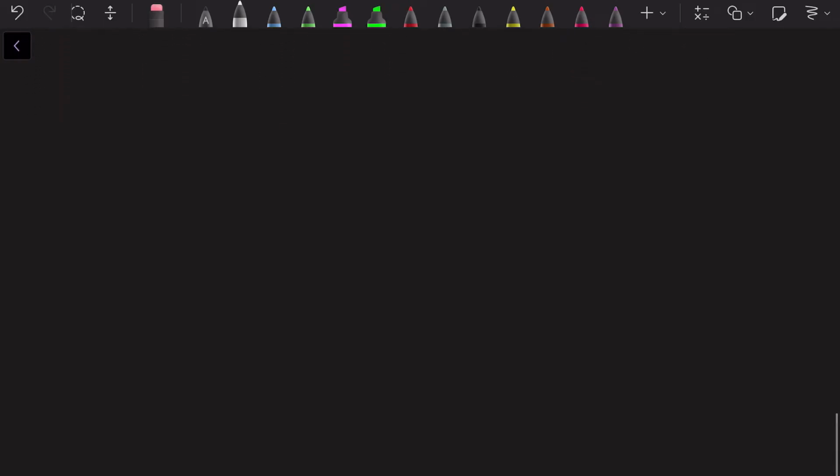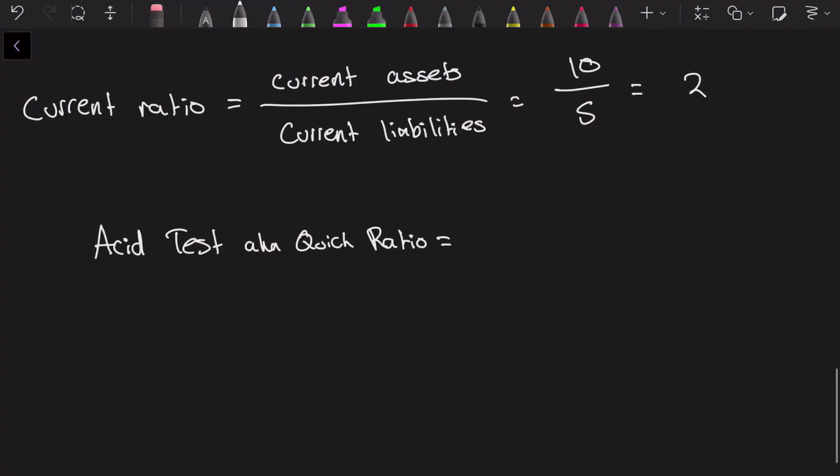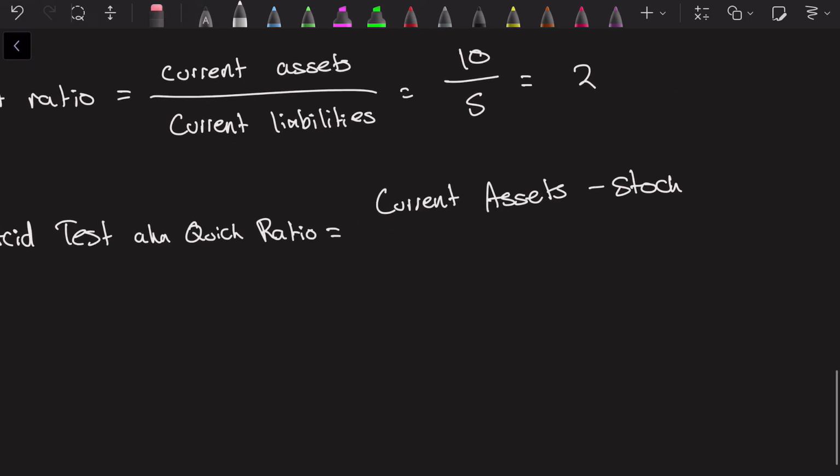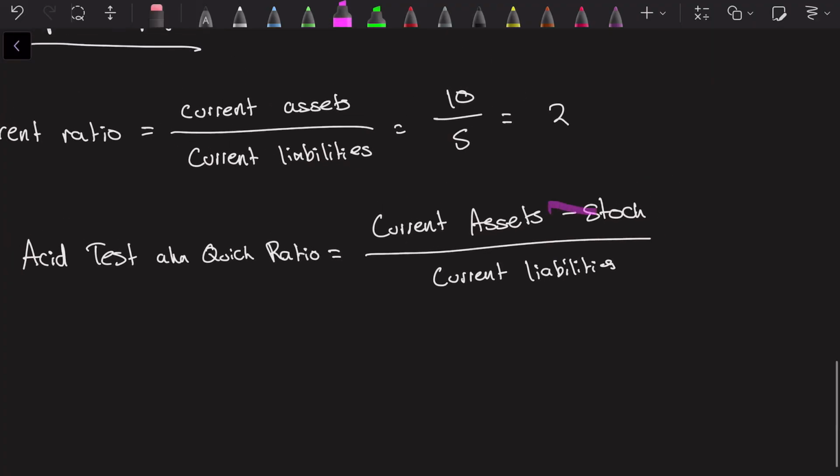So then next we have acid test, AKA the quick ratio, which is equal to the exact same thing that we just looked at in current ratio: current assets minus stock over current liabilities. Okay, the only difference we're going to notice here is that minus stock.